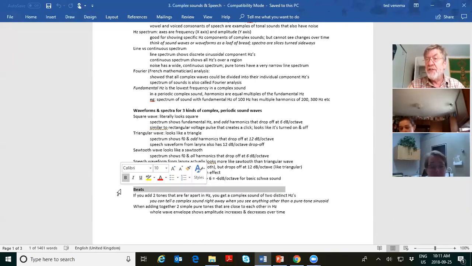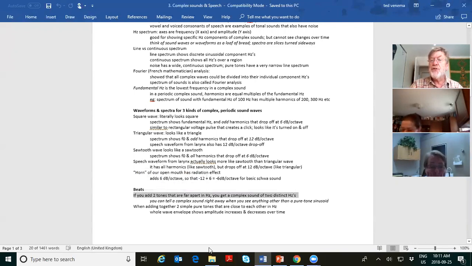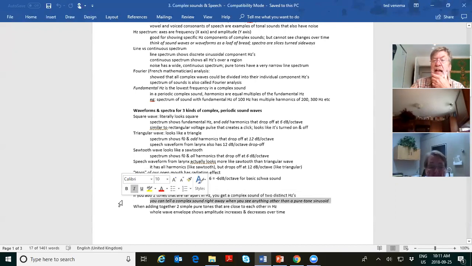This is B-E-A-T-S. Beats. If you add two tones that are far apart in frequency, you will get a complex sound of two distinct frequencies. Duh. Okay. You can tell a complex sound right away when you see anything other than a pure tone sinusoid.